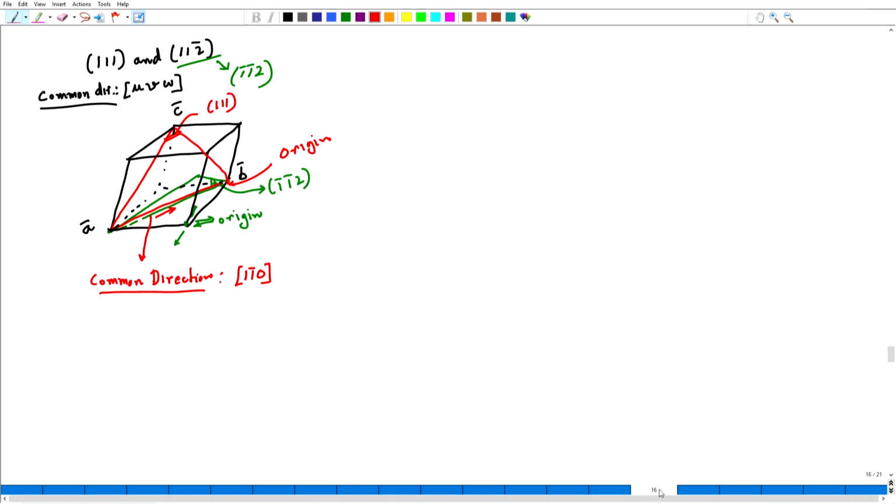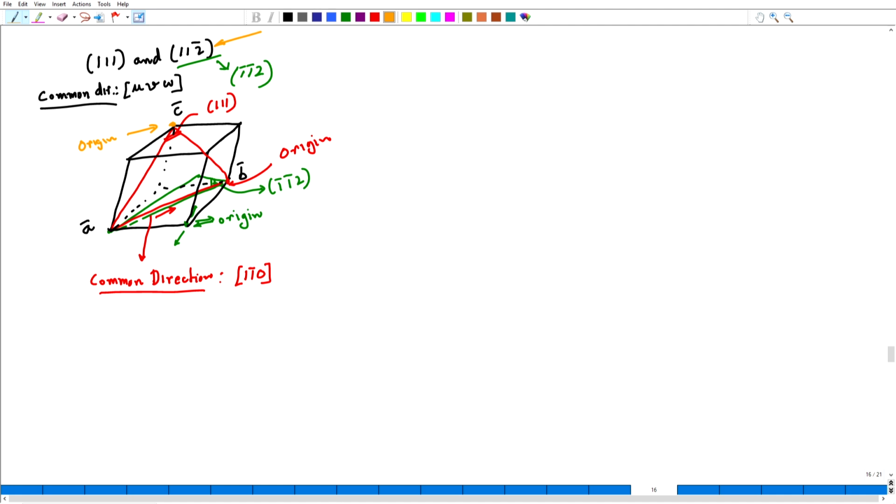So, I deliberately negated the indices, and it still remains the same plane. But suppose I did not change the indices. Then what I could do is shift my origin out here. So, this becomes my origin, and I use these indices 1 1 bar 2.